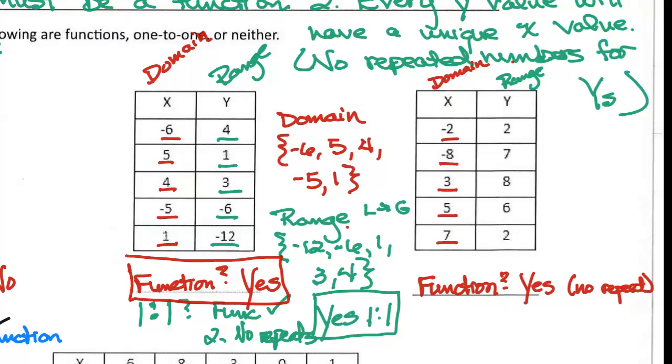And then next, we need to look and see, is it one-to-one? We already know it's a function. Do I have any repeats on the range? Yes, we have 2, and that matches up with -2, and 2 matches up with 7.